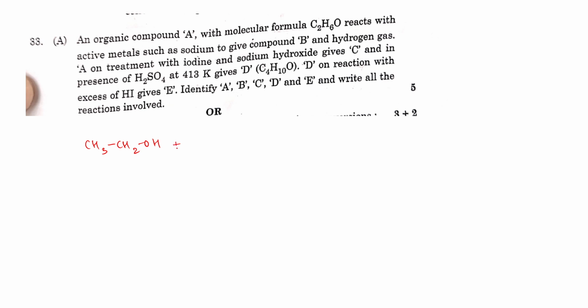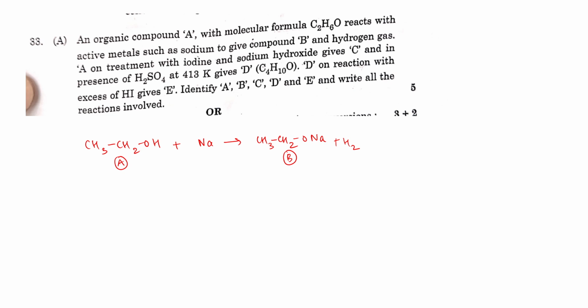When this compound reacts with Na, it forms CH3CH2ONa, sodium ethoxide. So I think this should be A and this should be B. Second part is and hydrogen gas. So I will write H2 here. Hydrogen gas.